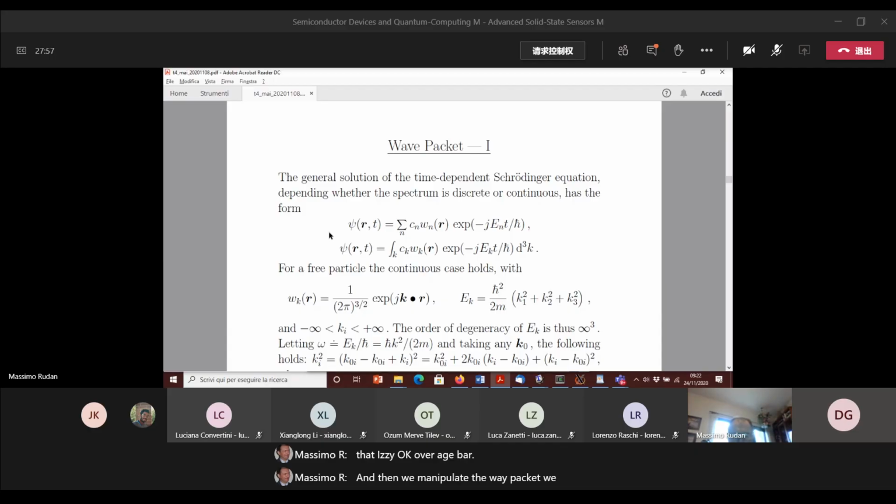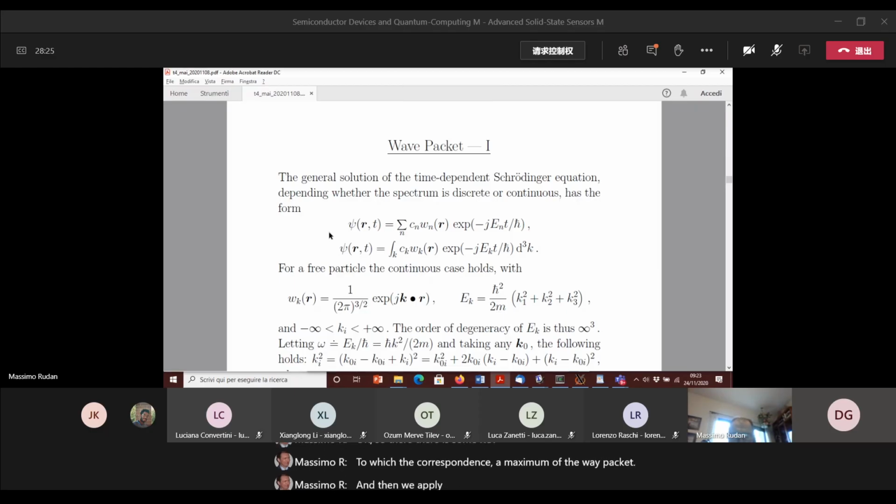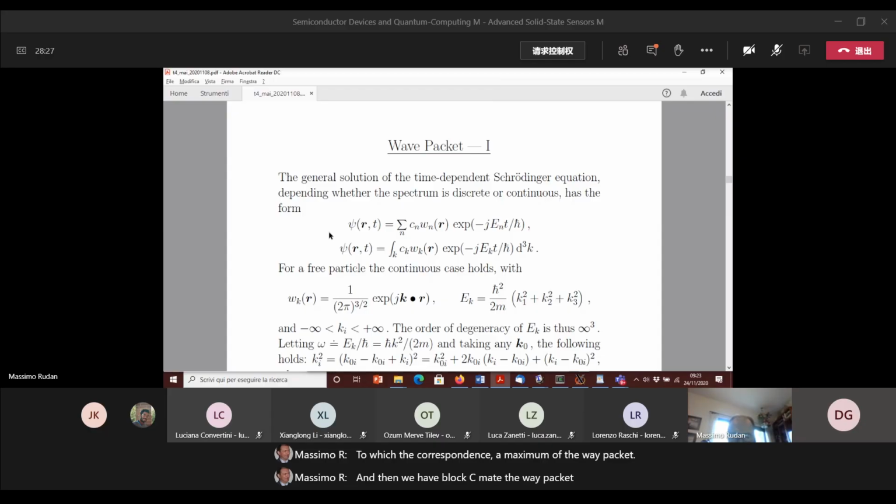We assume that there is a peak in the wave packet that corresponds to some value k0. Okay? So that there is some k0 to which there corresponds a maximum of the wave packet. And then we approximate the wave packet around that k0.